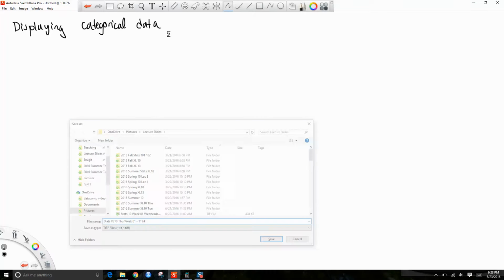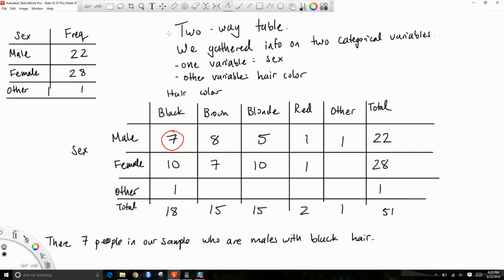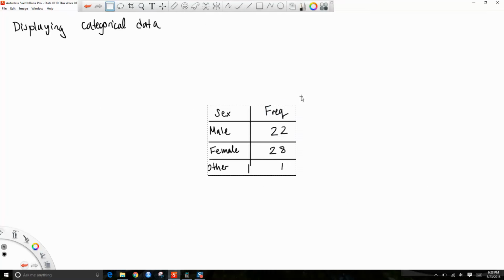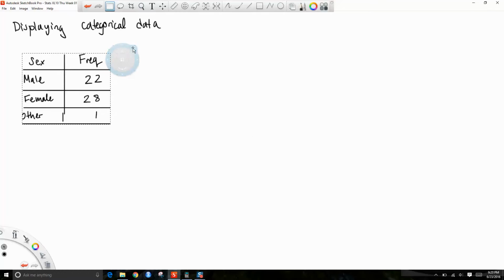And so let me just pull back this chart that we have, not the two-way table, this frequency table that we had for categorical data on gender here, okay?